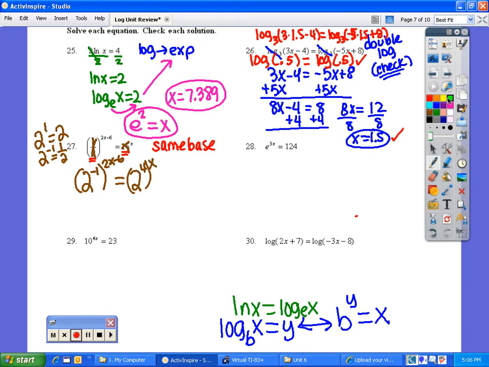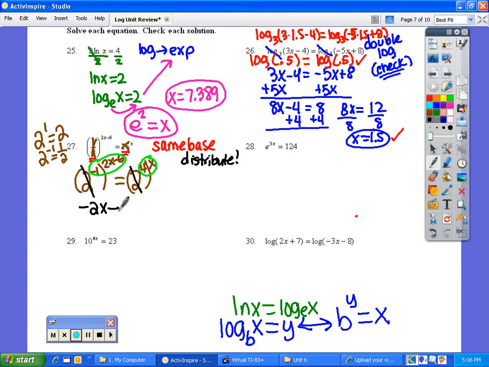Next thing I want to do is set my exponents equal to each other. I no longer need my bases because I have the same base. So make sure you distribute. Negative 1 times 2 is negative 2.